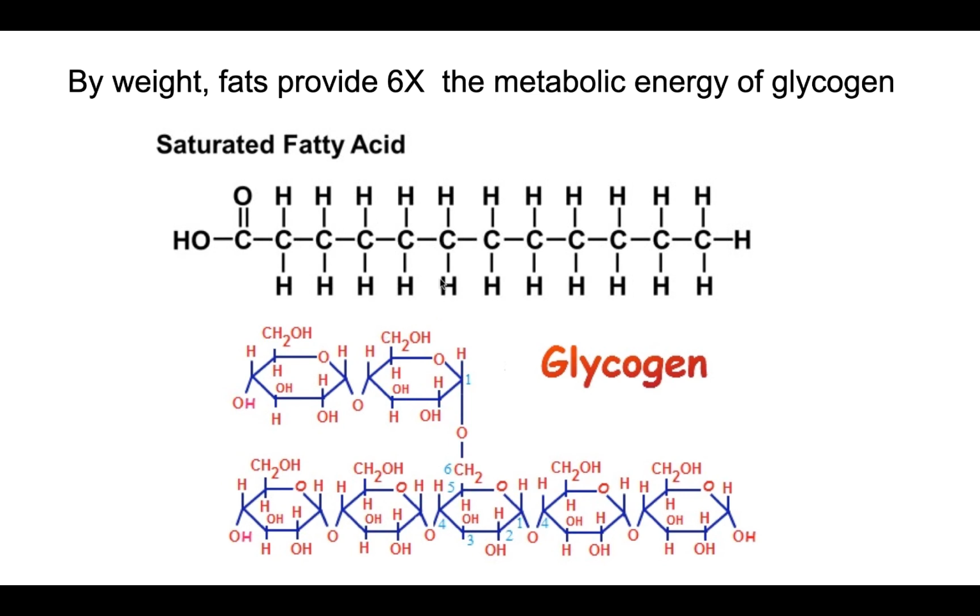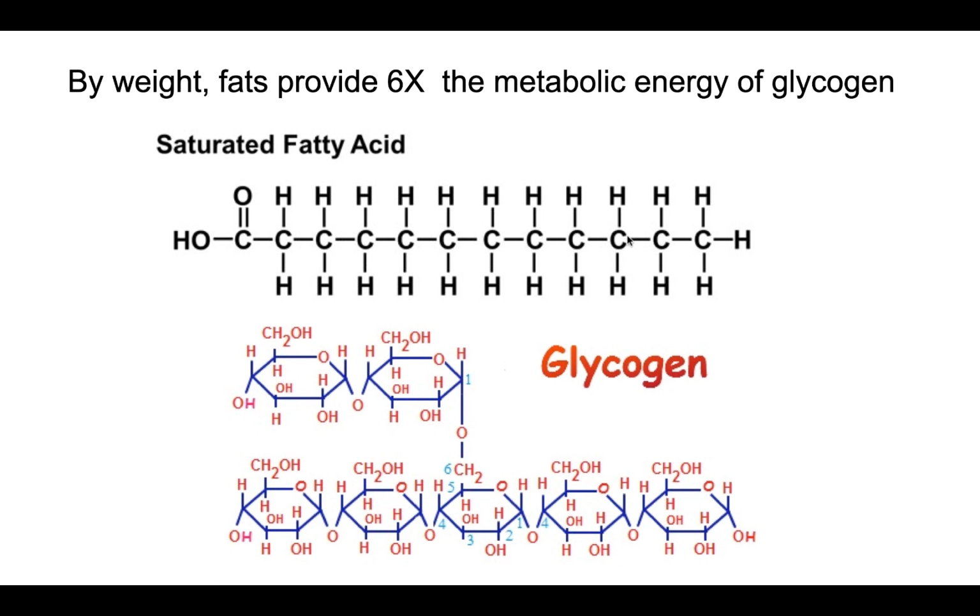So the typical carbon in a fatty acid is connected to 2 hydrogens and then 2 other carbons. Whereas a typical carbon in glycogen, let's take a look at this carbon right here, is connected to an oxygen, another carbon and a hydrogen. Okay, so all of these carbons are connected to at least 1 oxygen. So much more oxidized state than what you see in the typical carbons in the fatty acids.